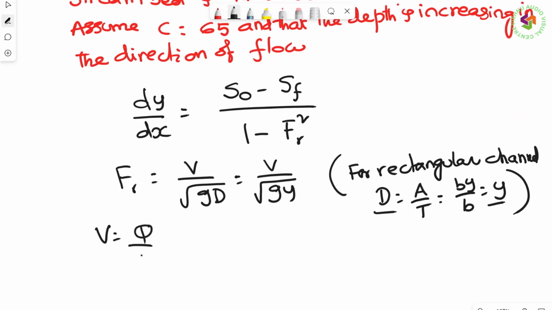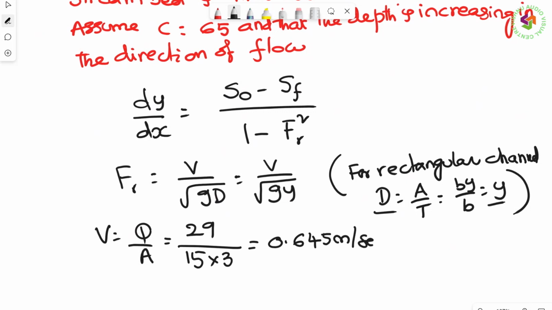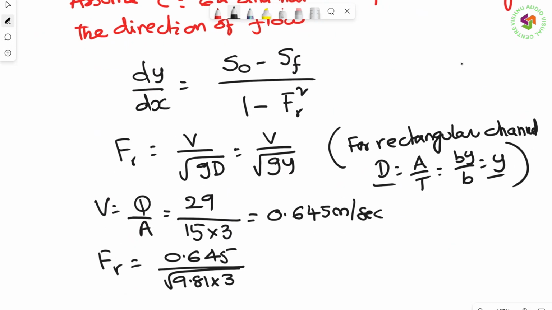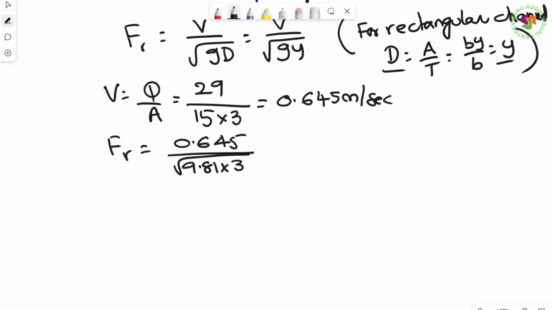Now what we need to calculate is V. V is equal to Q by A. Q by A means 29 divided by A, which is 15 into 3. So how much is it? 0.645 meters per second. Then what is FR? FR is V by root of g into Y, that is 0.645 divided by root of 9.81 into 3. So what we want to know is FR square.